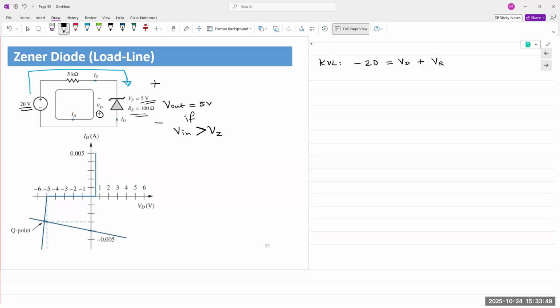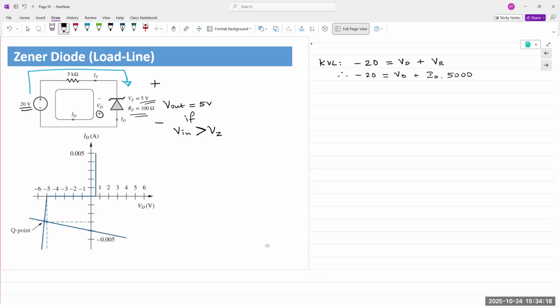VR is nothing but 5,000 times ID, or 5K times ID. So minus 20 is equal to VD plus ID times R, where R is 5,000. That's my KVL expression.